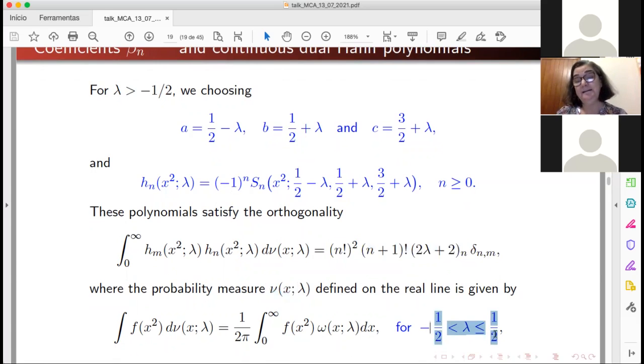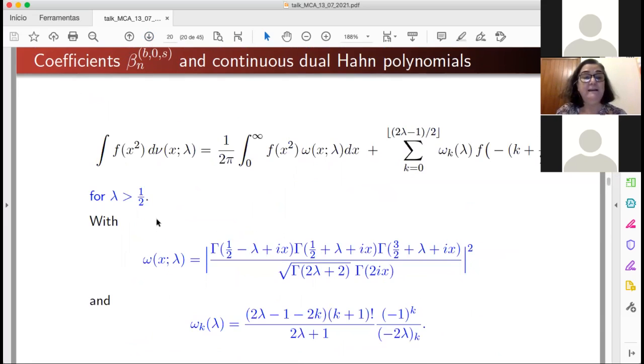When lambda is in this interval, this means that A is positive, so it's orthogonal with respect to a continuous weight function. When lambda is greater than half, we have the case A negative, and then we have the continuous part plus some mass point here. The weight function is given like this, and the mass is given like this.